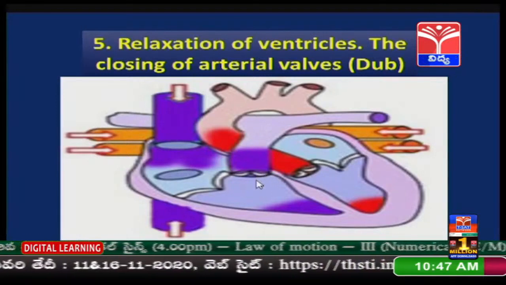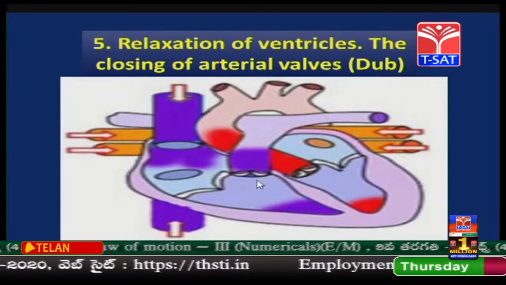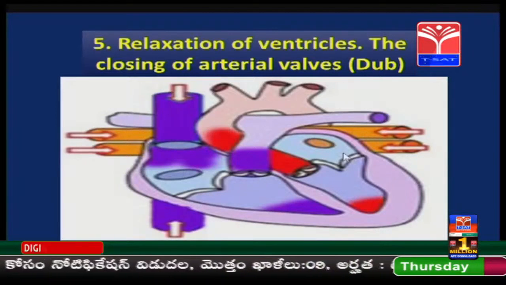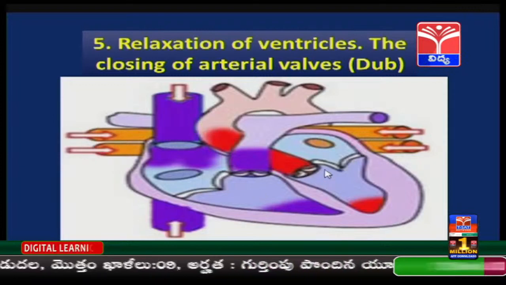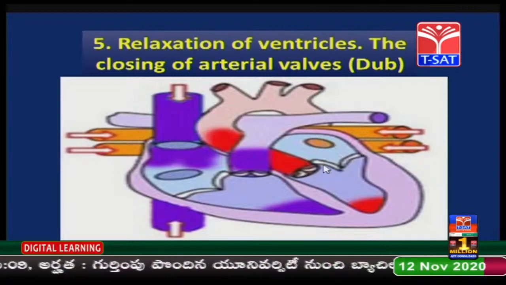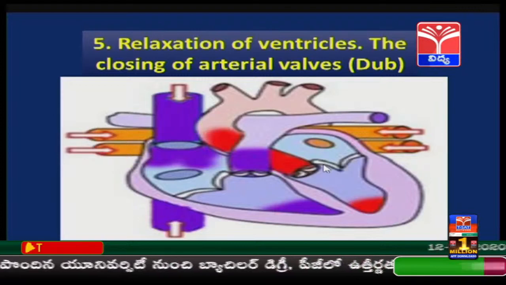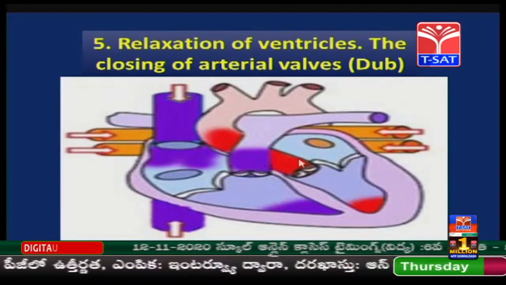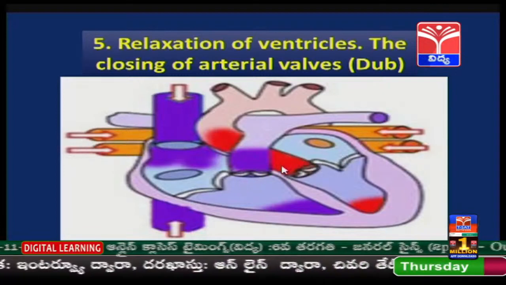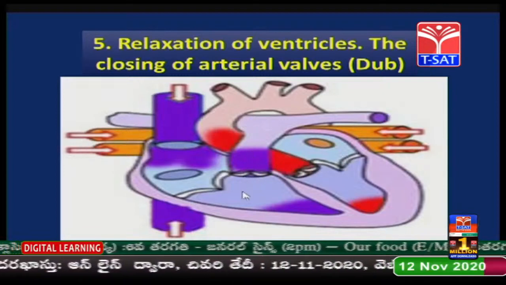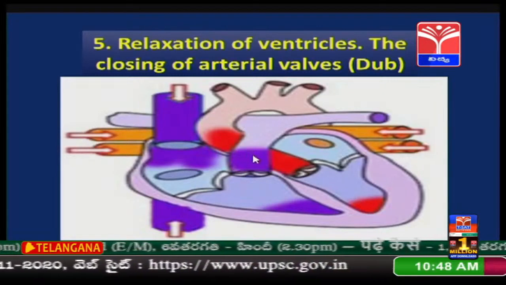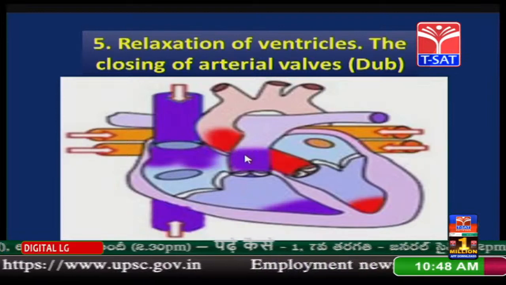Then we can hear a dull sound of the heart called dub. Now, the valves between atria and ventricles close when blood tries to come back into the atria, and the valves in the pulmonary artery and aorta also close when blood tries to come back into the ventricles. Actually, the valves prevent the backward flow of the blood.